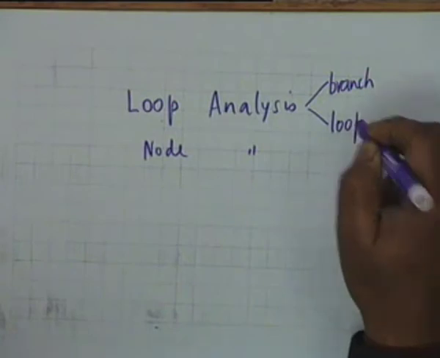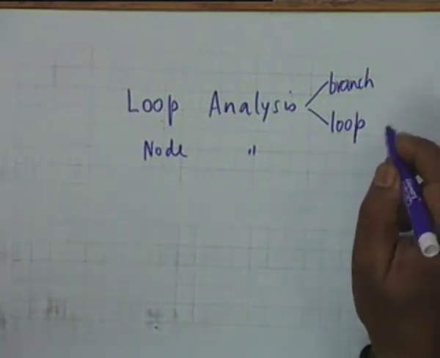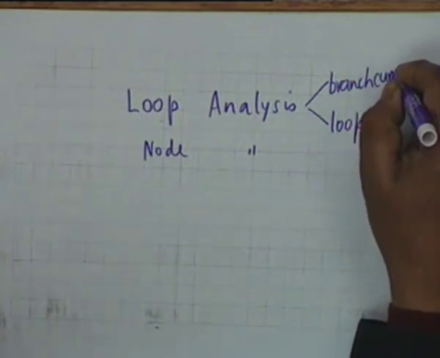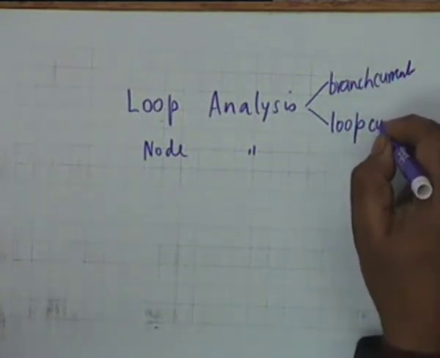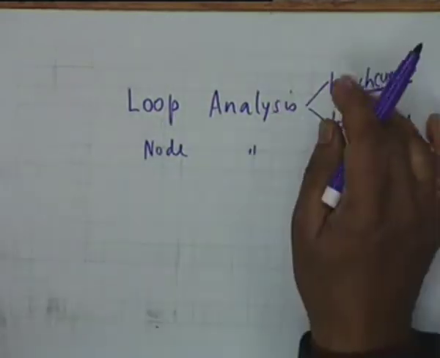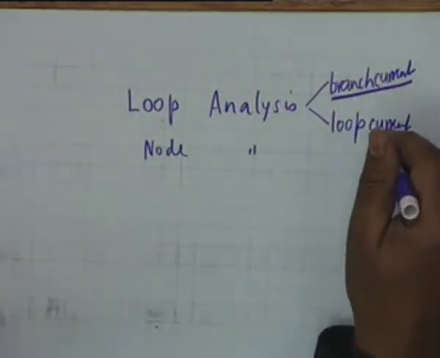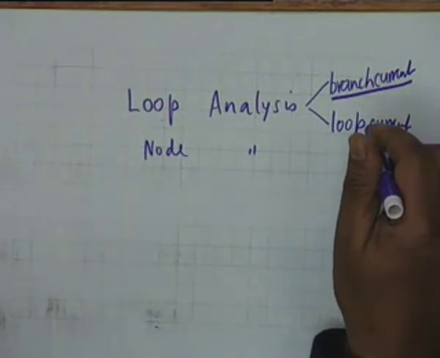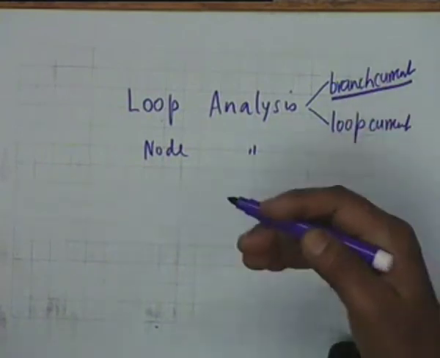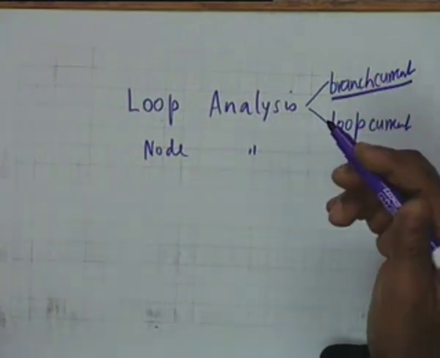If there are no current generators in loops, we could formulate loop currents. So there are two methods, the branch current and the loop current. The branch current method always works, the loop current method may not work if there is a current generator. Alright, one has to take stock of the situation and decide the strategy.